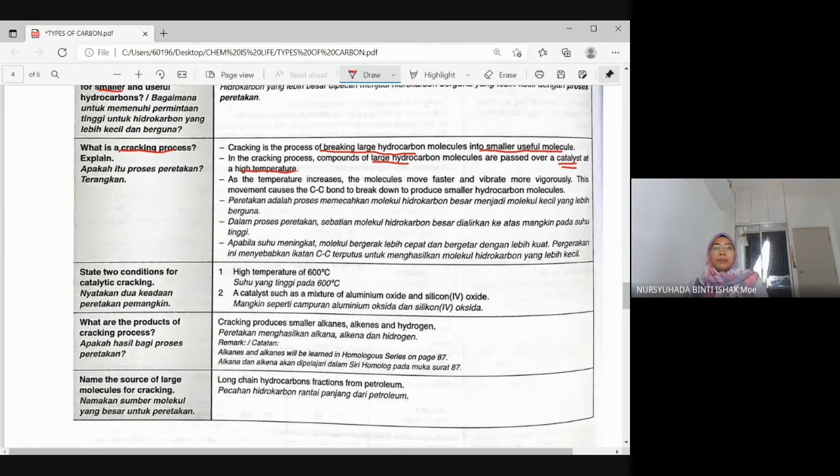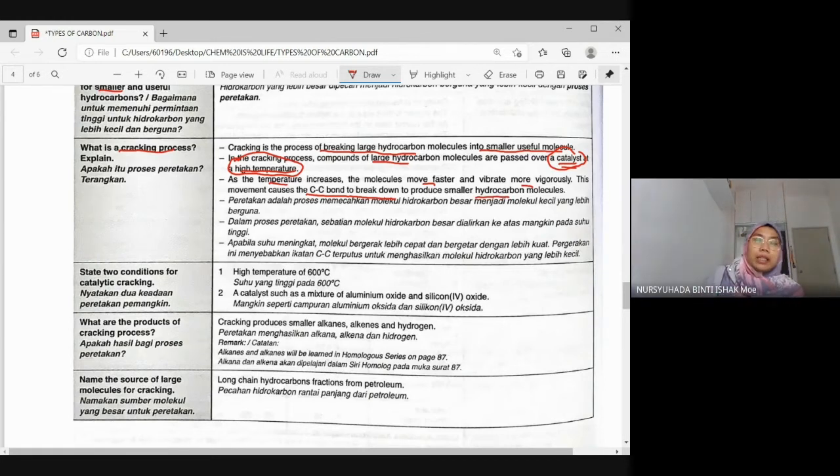Okay, take note, mesti ada catalyst and high temperature for cracking process. So as the temperature increase, molecule will move faster and vibrate more vigorously. So this movement will cause the C-C bond breakdown and produce small hydrocarbon.